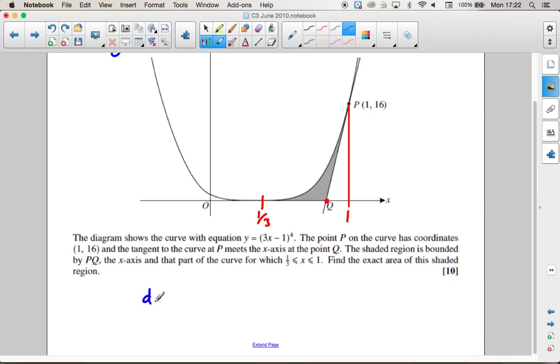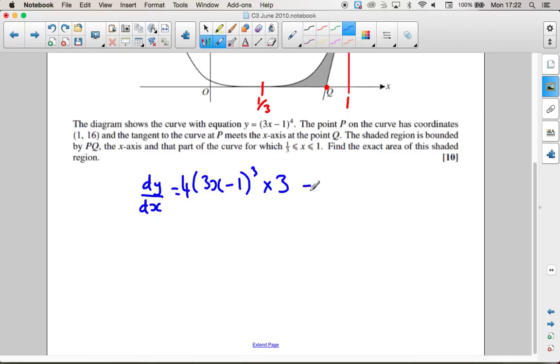For the equation of the tangent, we need to know the gradient of the tangent. So first proper job is to differentiate (3x − 1) to the power of 4, which is going to be 4 lots of (3x − 1) to the power of 3, but times by 3 as well, using the chain rule. So that's 12(3x − 1) cubed.